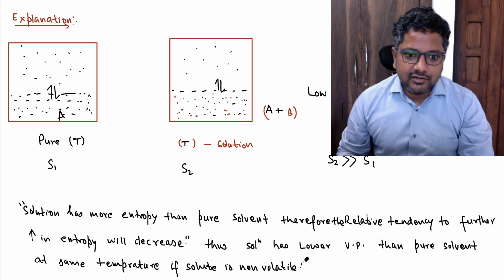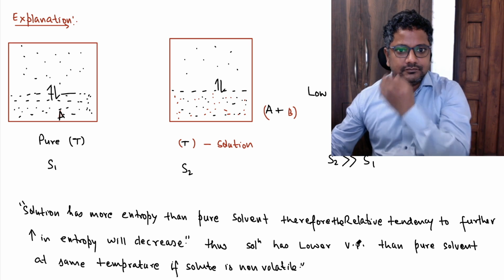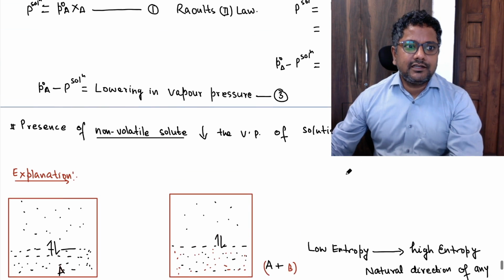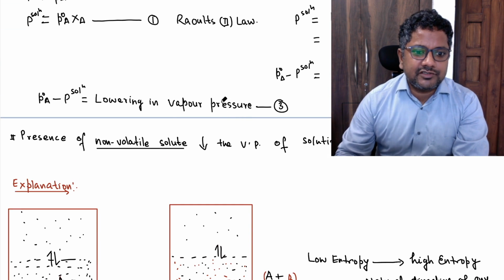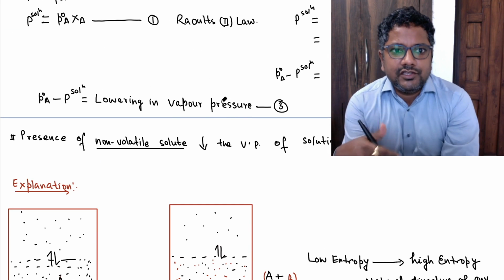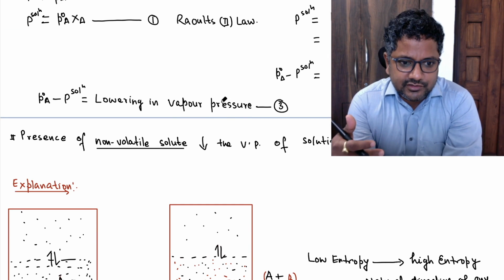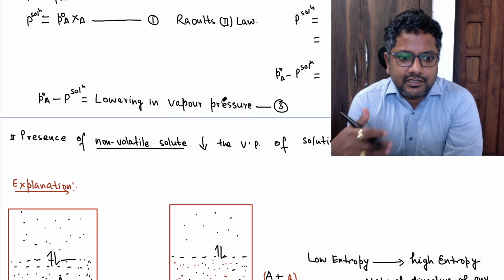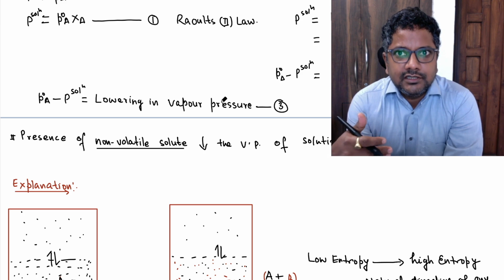So this is the concept. So now it is clear that this lowering in vapor pressure is due to the increase in the entropy of the solution.